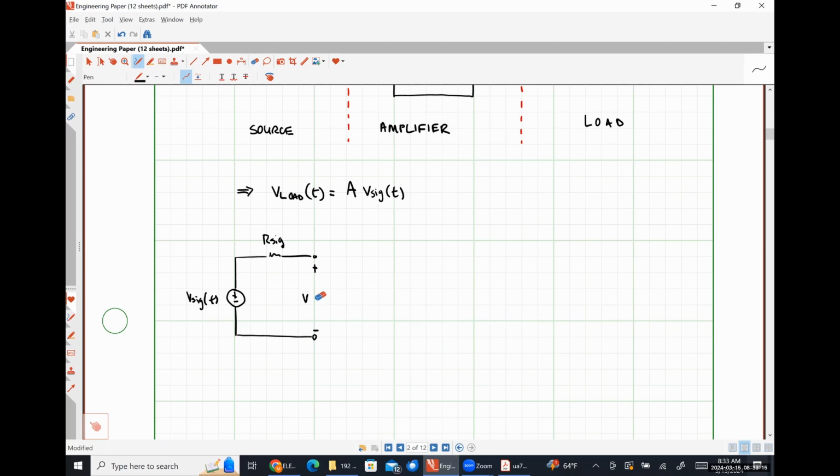Sorry, this should be Vin. And I'm just going to put a resistance here, Rin, that is representative of the input resistance of our amplifier. Again, we don't actually have to know anything about how it works internally. We just need to be able to determine this input resistance by some means.